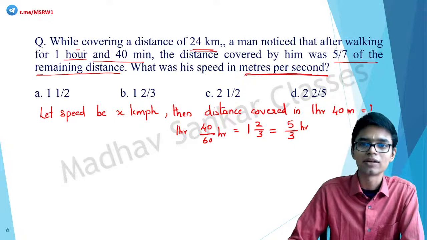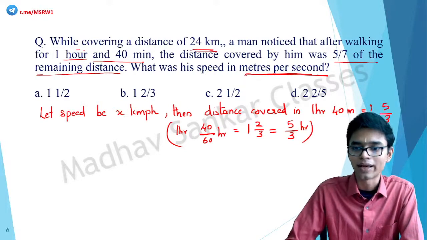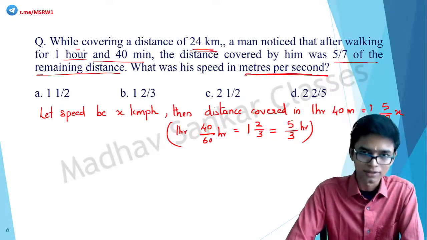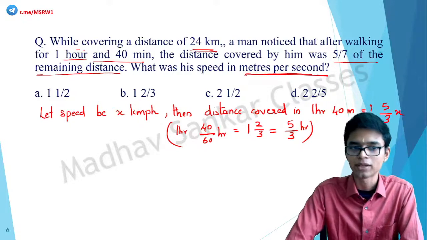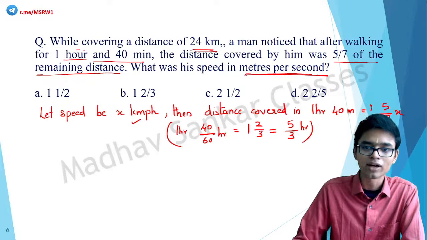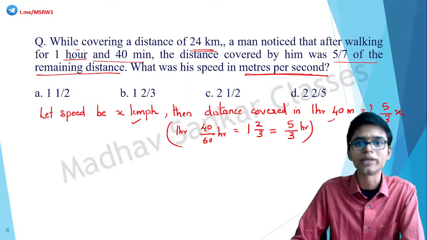So the distance covered is equal to 5 by 3 x kilometers. Did you understand? Simple. Distance is equal to speed into time. We are assuming speed as x kilometers per hour and the time is 1 hour 40 minutes, so we have to convert time into either hours or minutes.